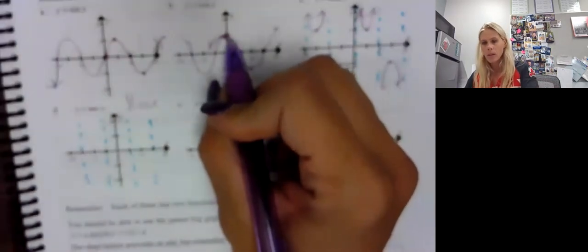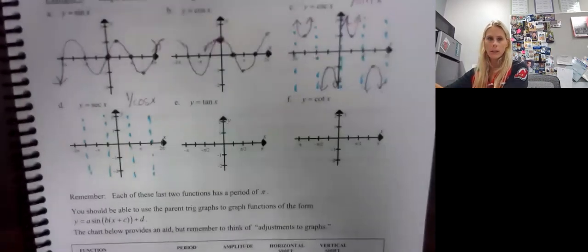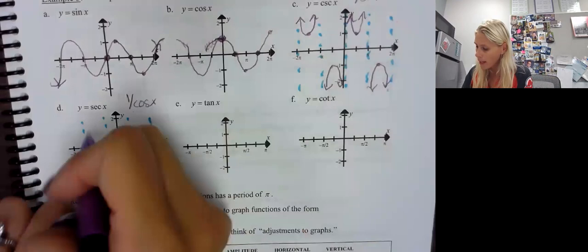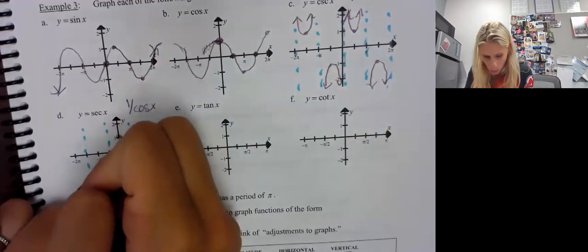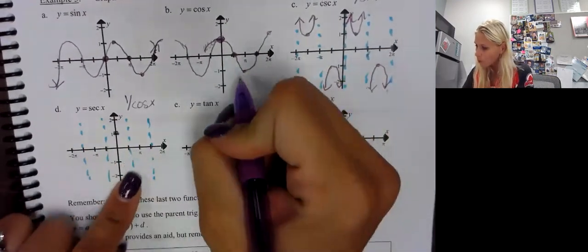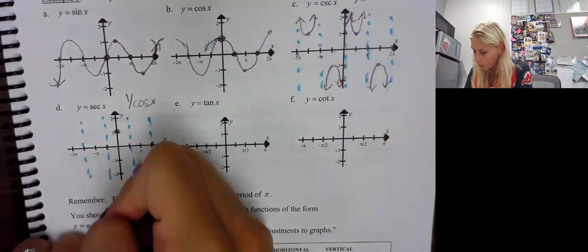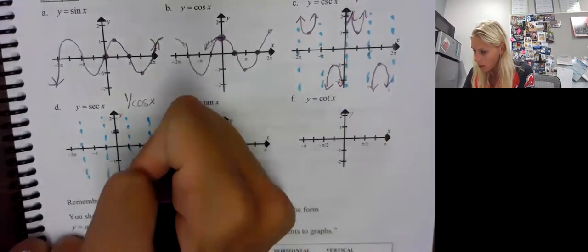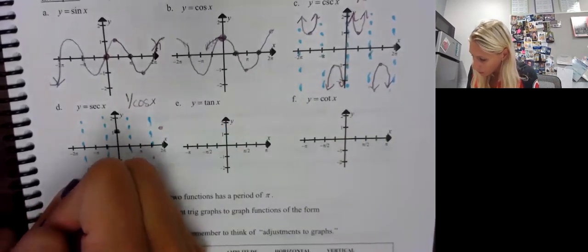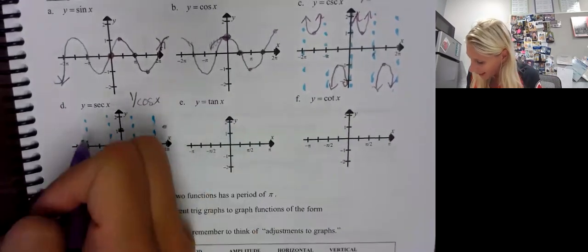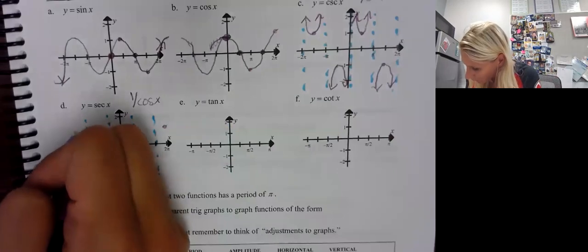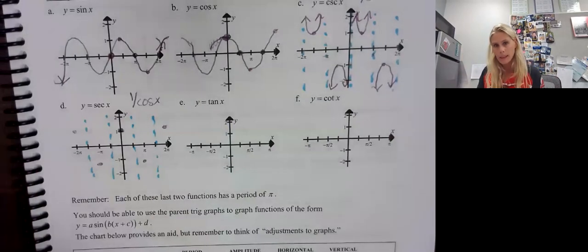And we end up with the same type of situation where cosine is 1. Well, 1 over 1 is still 1. When we have it at negative 1, well, 1 over negative 1 is still negative 1. So we end up in the same situation. And then again, because we are doing the inverse, it flips the graph.